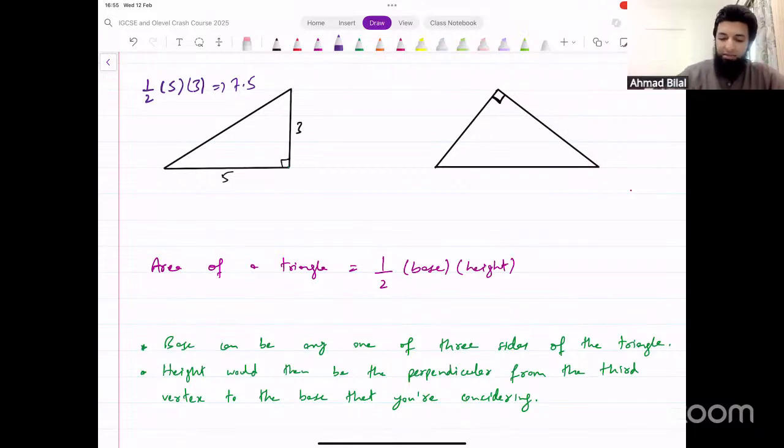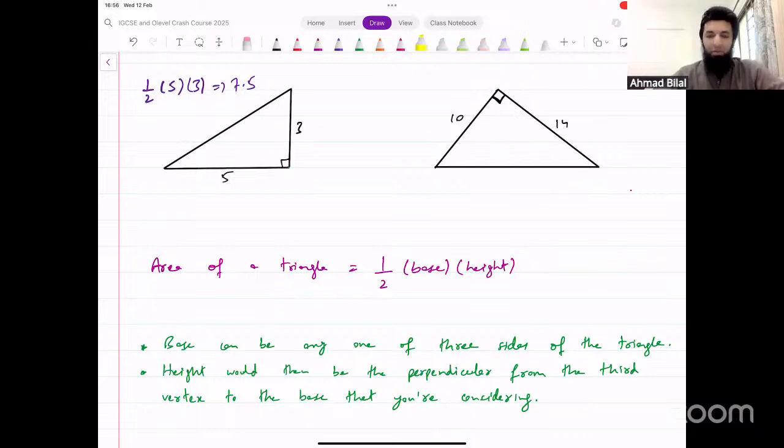In the other case now, let's say we had two lengths given like this. Let's take some other numbers. This side is 10 and maybe this side is 14. Now the sides that are perpendicular to each other, it's going to be the easiest to take those sides as base and height.